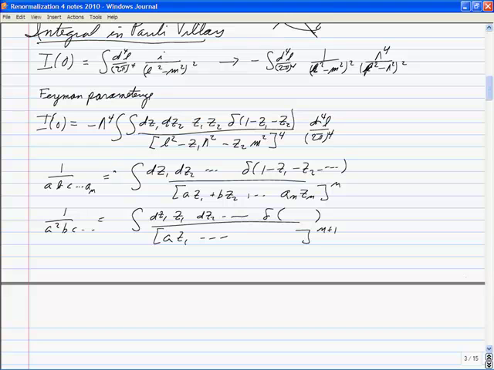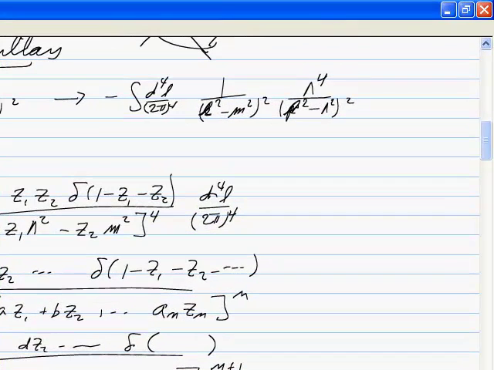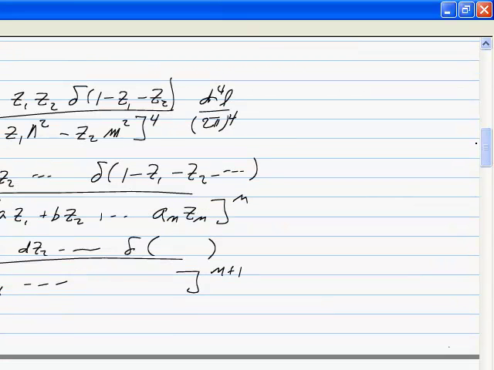I've missed something. So this is n minus 1 factorial. That's n factorial. Okay. Okay. So first step is always Feynman parameterize.